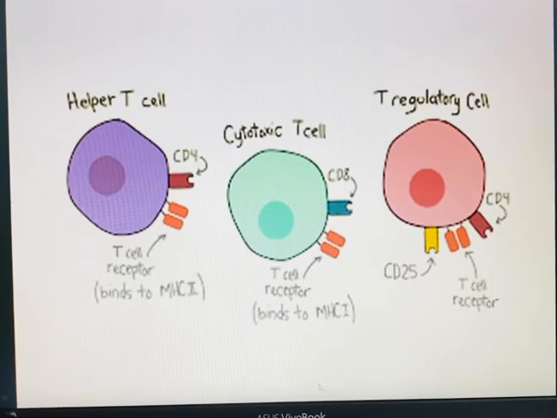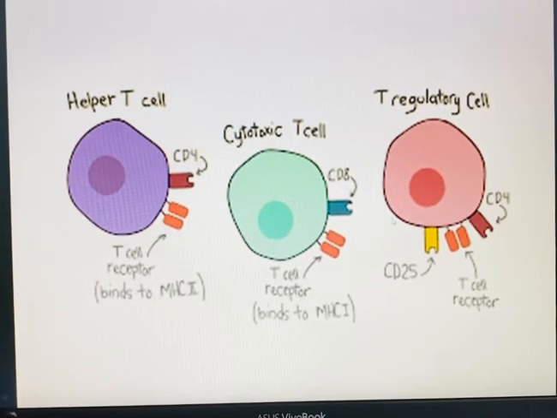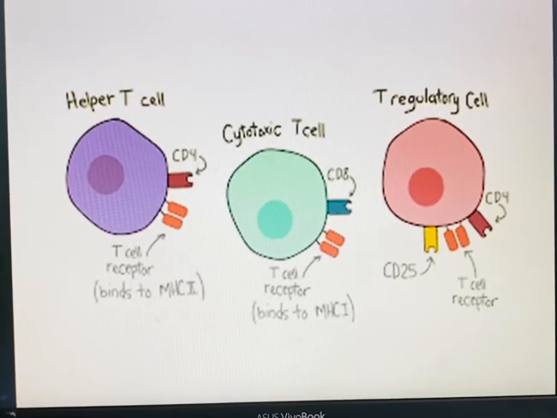Yeah, you see some diagrams of the helper T cells, cytotoxic T cells, and regulatory T cells. So helper T cells produce CD4, and the T cell receptors bind to MHC part 2.